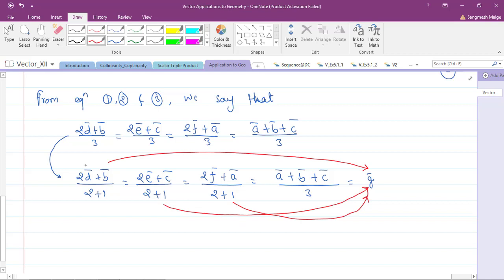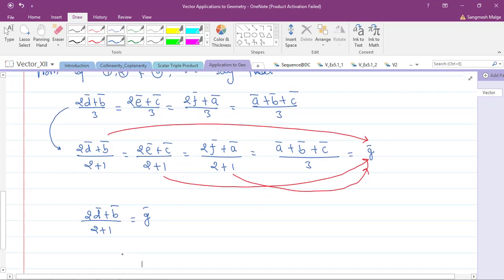And if I rewrite this equation like this, (2d bar plus b bar) by (2 plus 1) is equal to g bar.